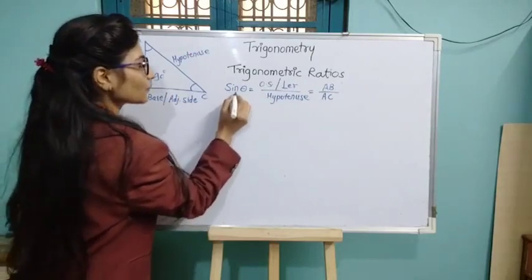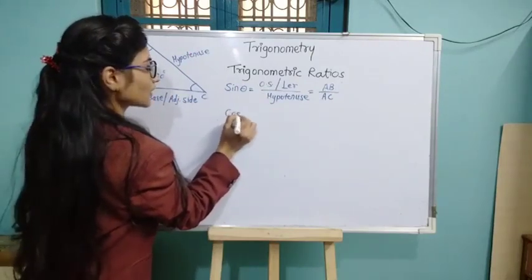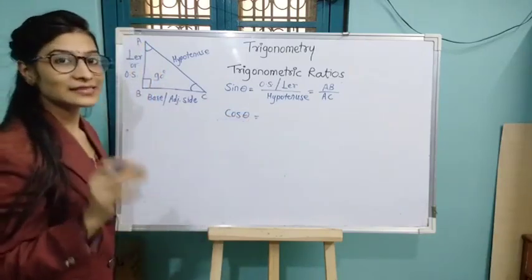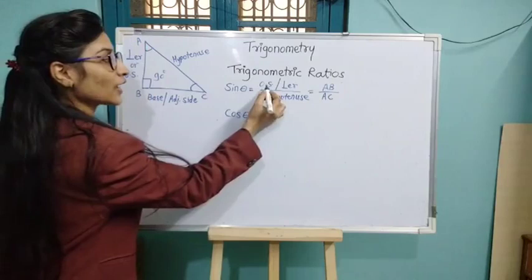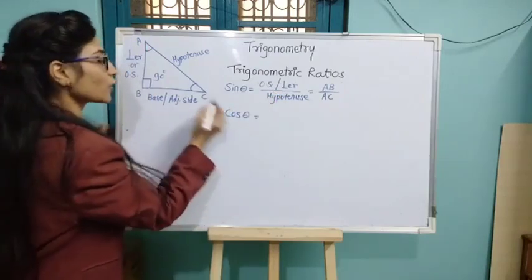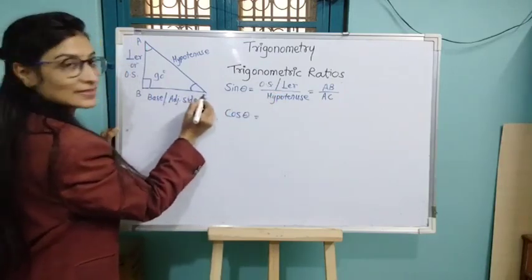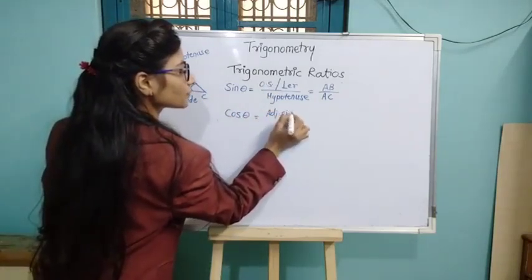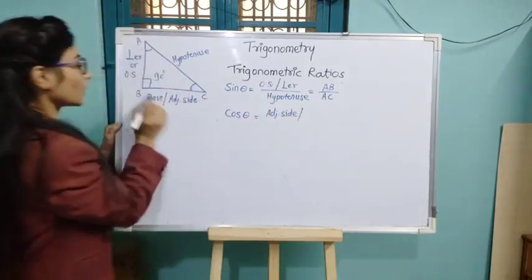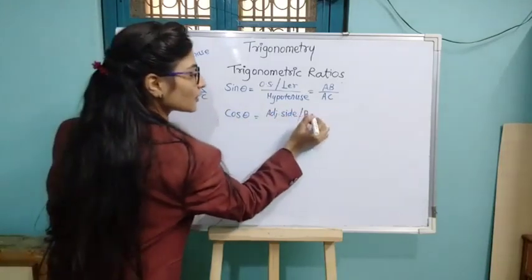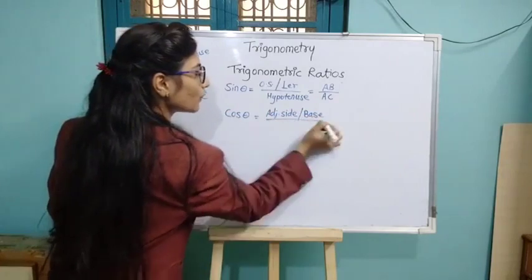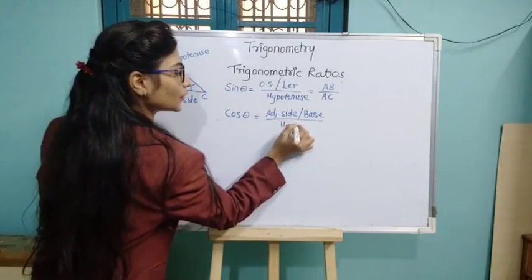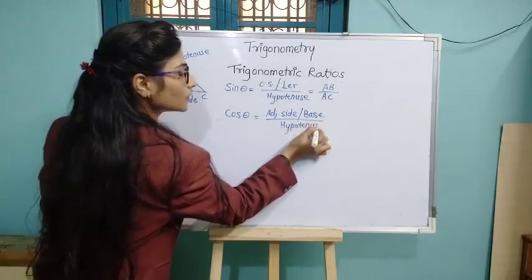Now we will consider cos theta, the second ratio. Cos theta means we have to consider the adjacent side. For sin theta we took the opposite side; for cos theta we take the adjacent side of this angle C, another term for which is base.